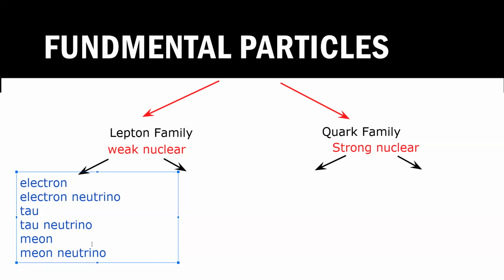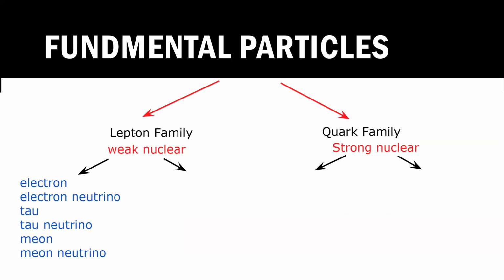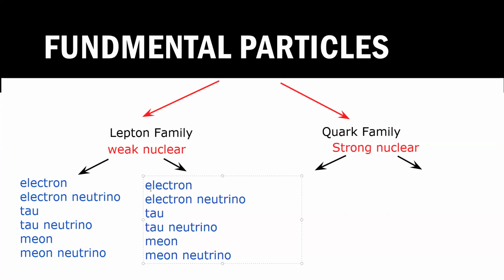And with this, we have their antiparticles. Like 6 particles are there and 6 antiparticles. What are the 6 antiparticles? The antiparticle of an electron is called positron. I will explain the difference between electron and positron.